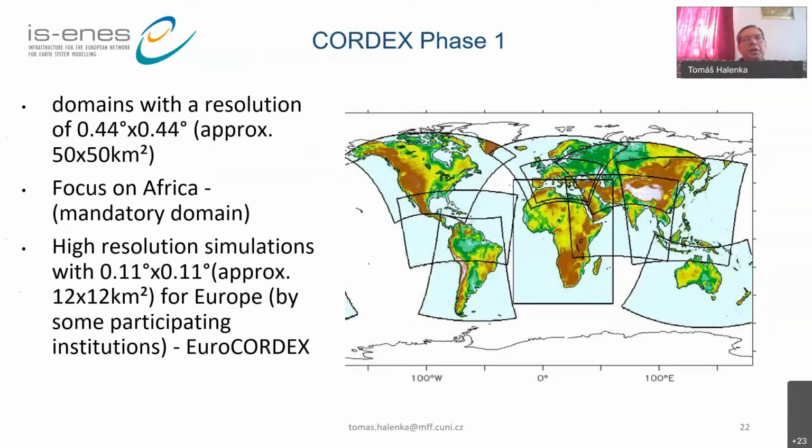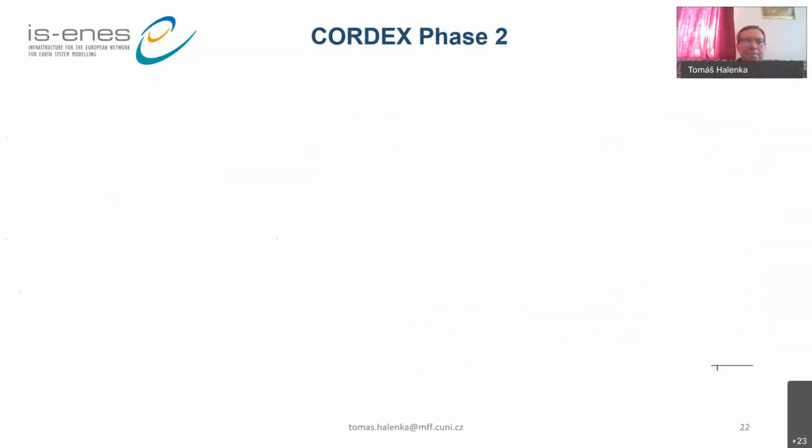Most regions were run at 0.44 degree resolution, which is about 50 kilometers, and for Europe the runs were made at 0.11 degree resolution, so 12-kilometer resolution, and you can find this data on ESGF. Well, next, please.